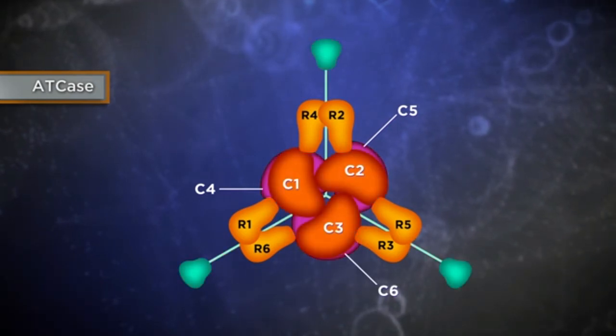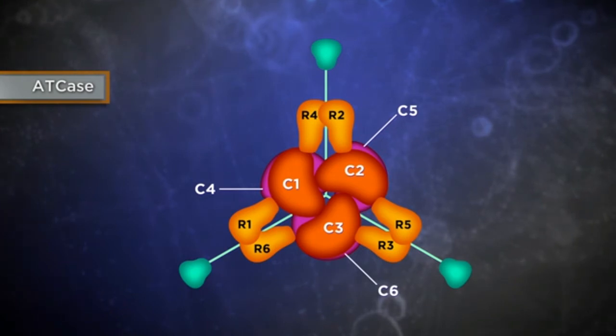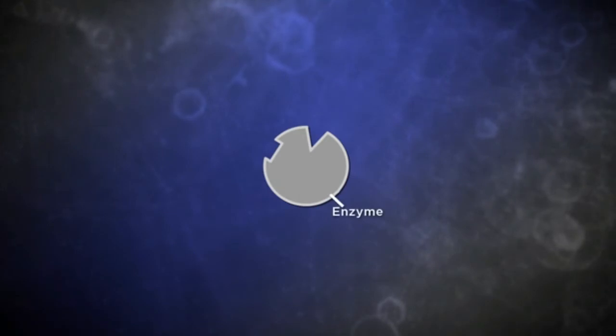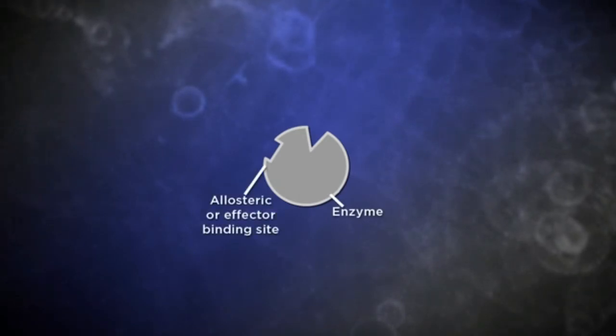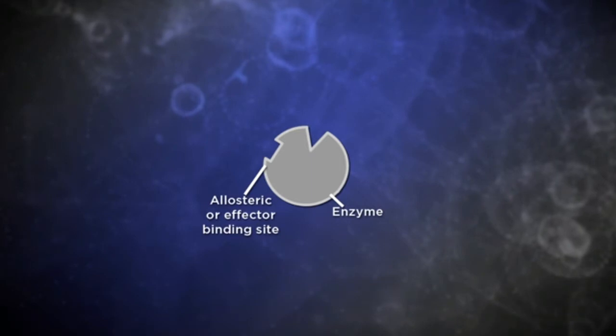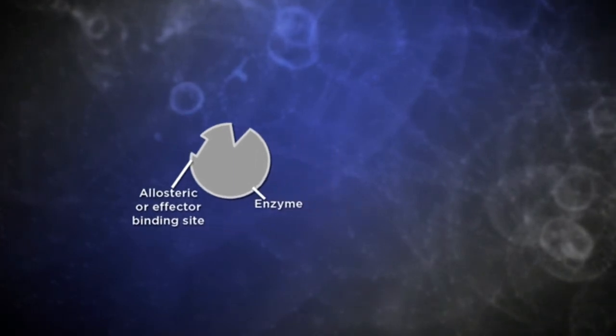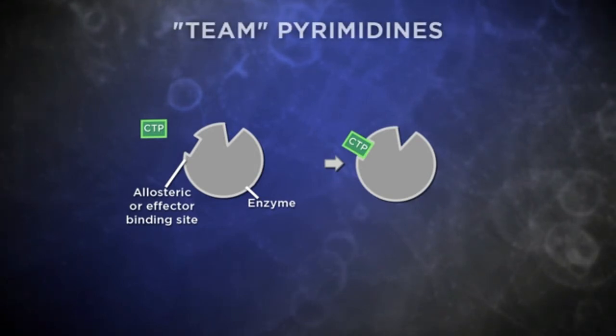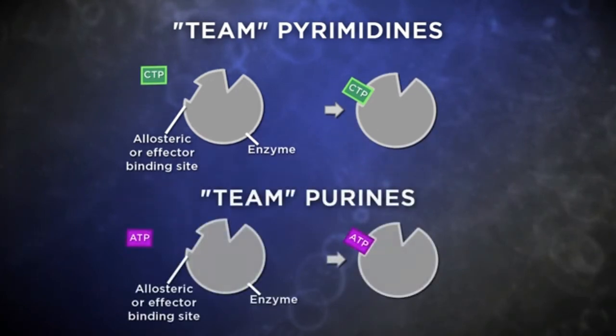Now, all of the subunits work together like a thermostat on a furnace regulating its own output. The regulatory subunits have a binding site called the allosteric or effector binding site. But instead of substrate, these sites bind CTP, which represents team pyrimidines in our scheme, or else they bind ATP, representing team purines. Now, let's see how the binding of these molecules to the allosteric site affects the enzyme's activity.